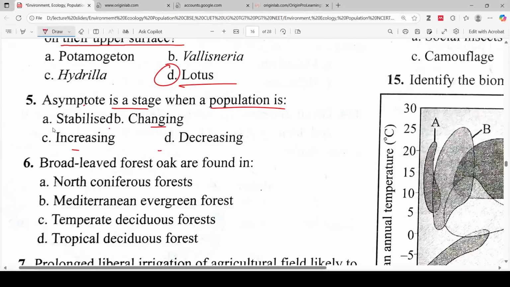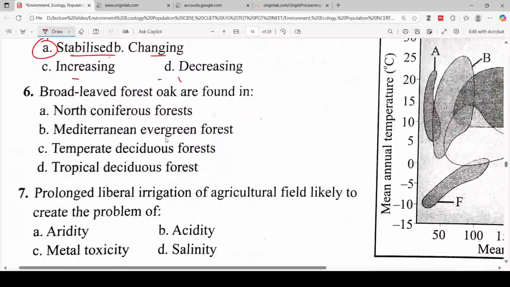So the correct answer is stabilized. Broadleaf forest oak are found in north coniferous forest, Mediterranean evergreen, temperate deciduous forest and tropical deciduous forest. So the correct answer is option C, temperate deciduous forest.